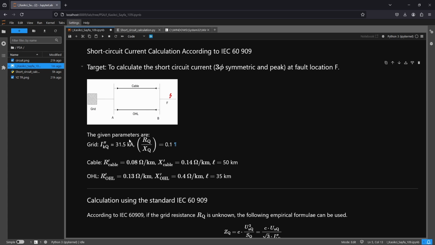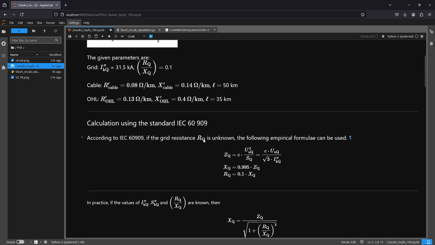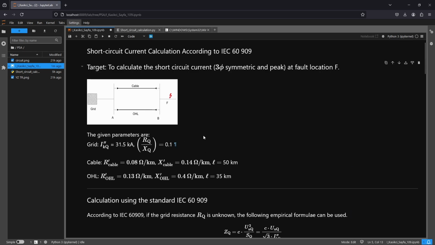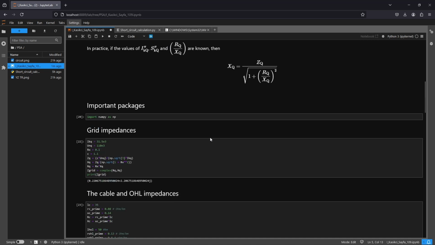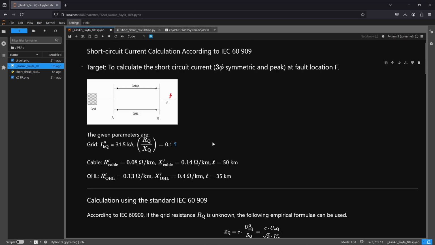In future videos, we'll see how to calculate for much more complex electrical circuits, including transformers or other electrical equipment, cables, grids, and also different bus bars. In that case, calculations could be quite complex, and in future videos we will check them with computer supported simulation programs like PowerFactory. Until then, thank you.